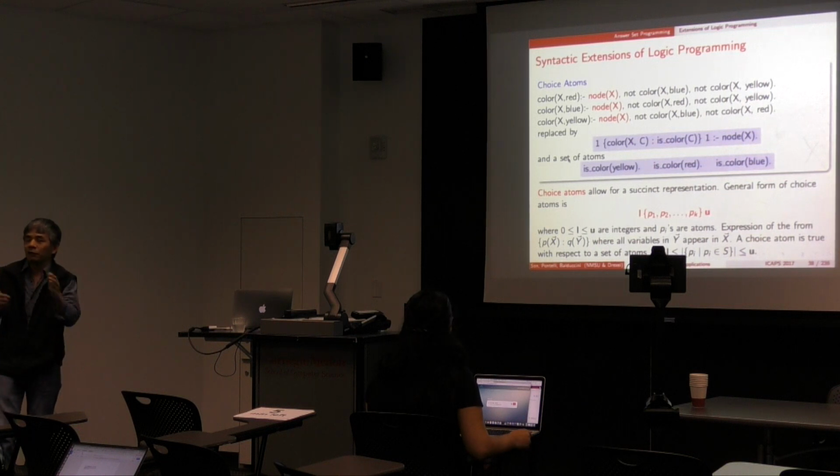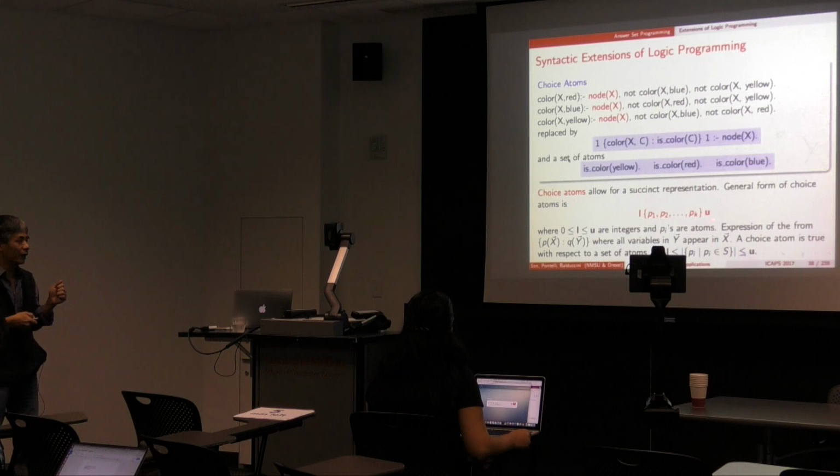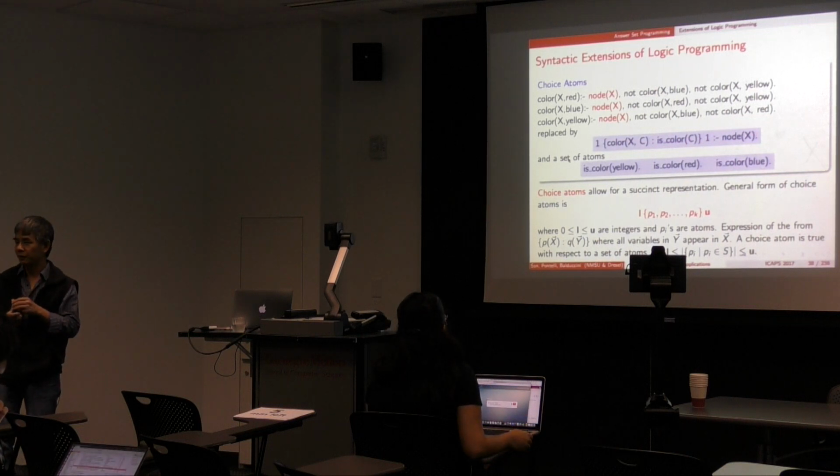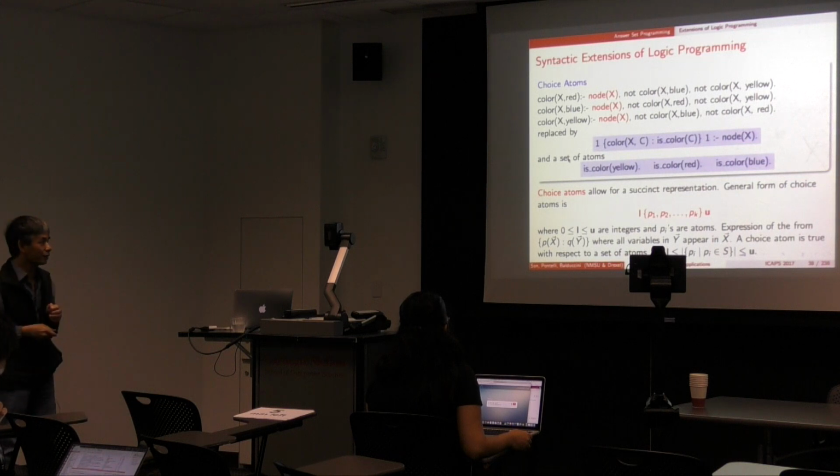That says that among all the atoms belonging to this set, at least the lower bound number of atoms has to be true, and at most the upper bound number has to be true. Then I can just write the color of x, so for each node x, I should have exactly one of them in this set.